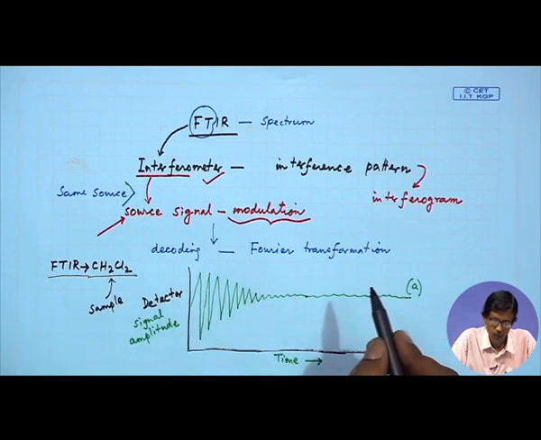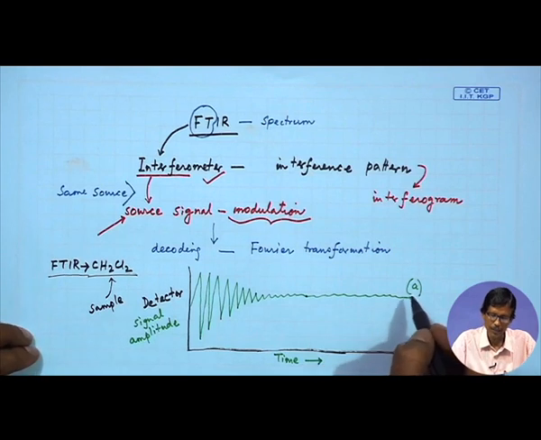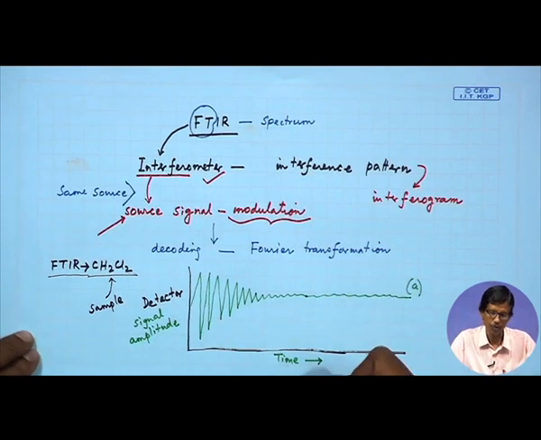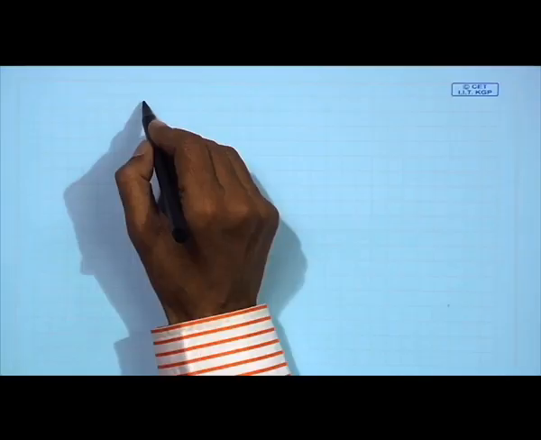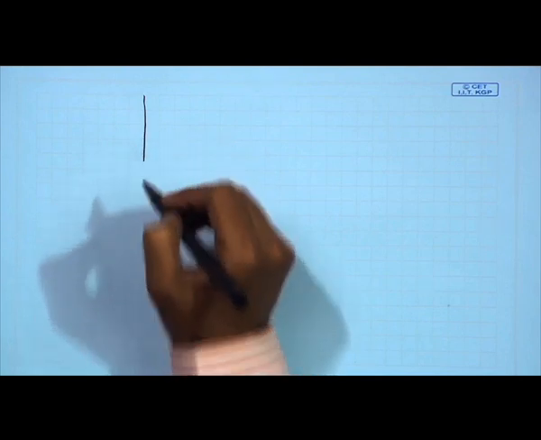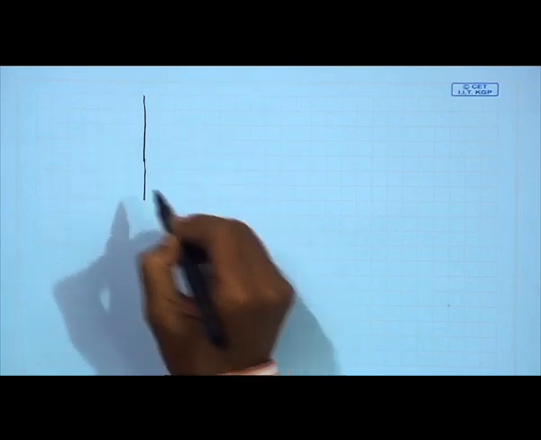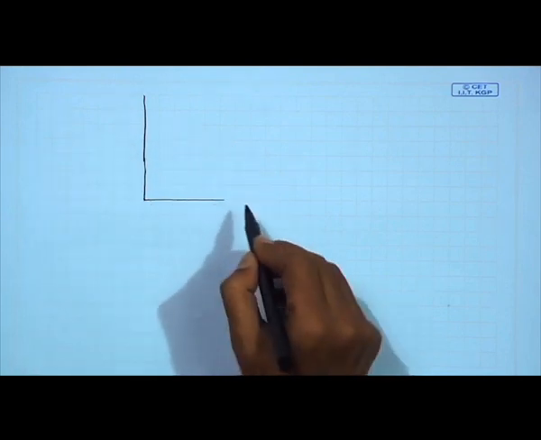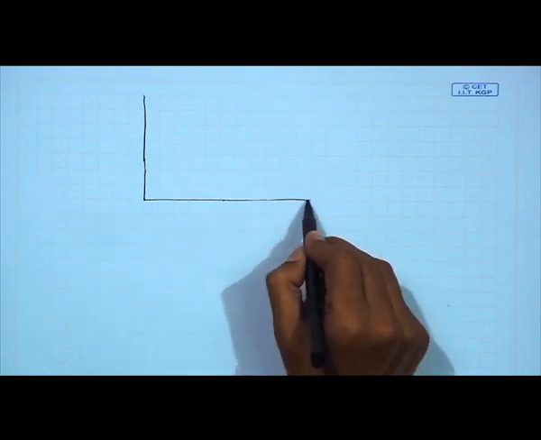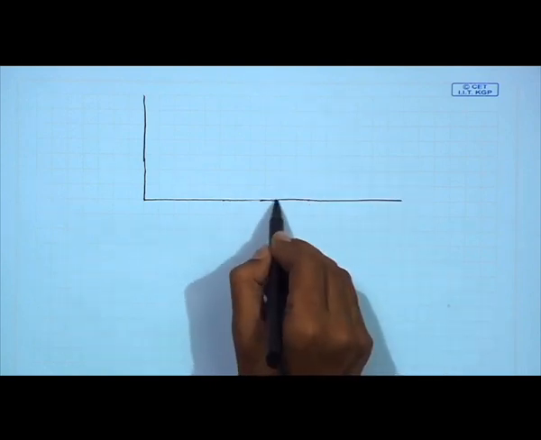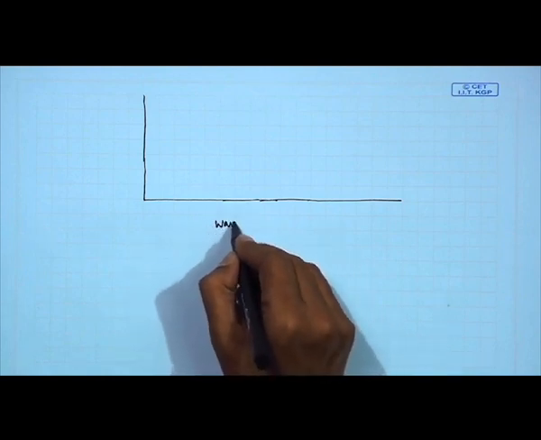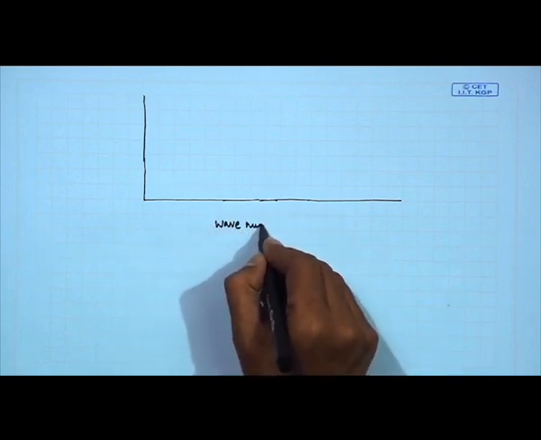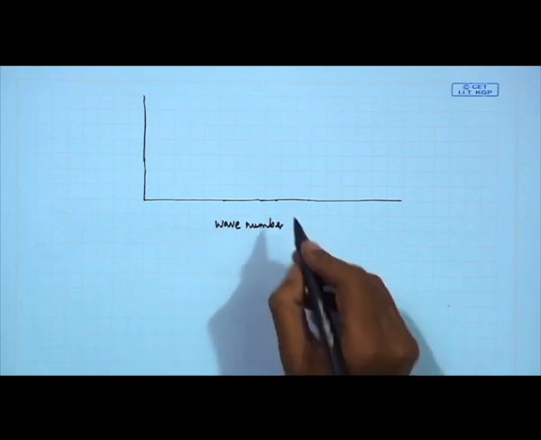So, how will it look? If we go for this, it will simply be converted to the corresponding frequency-based spectrum, where we get the same plot, the only difference being that the Fourier transformation will change the axis, which was originally time.